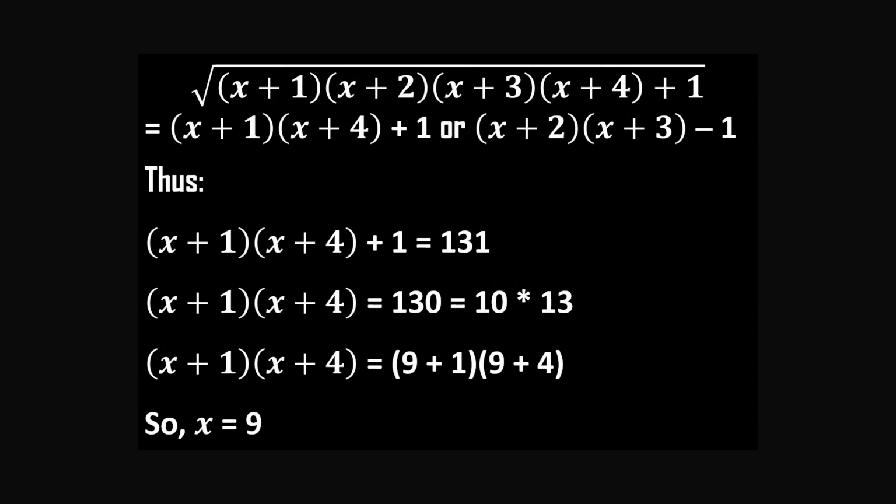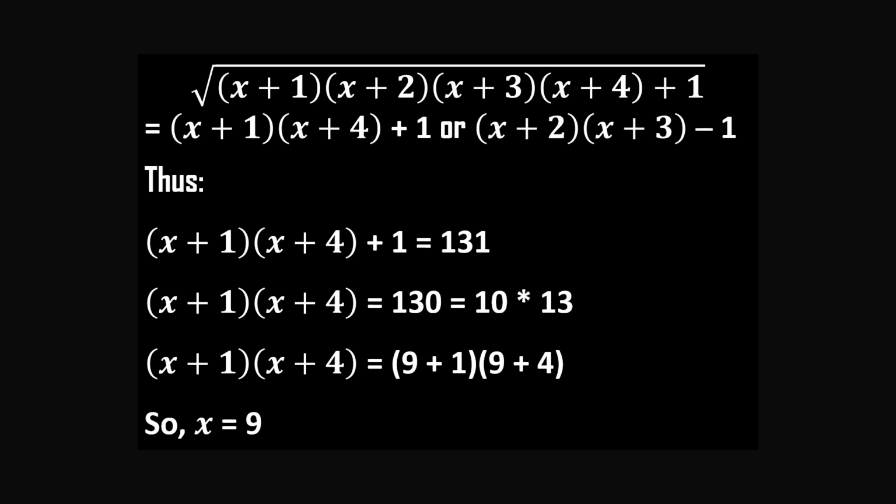What you are given is four consecutive numbers, x plus 1, x plus 2, x plus 3, x plus 4, and then plus 1. So what should be the square root?